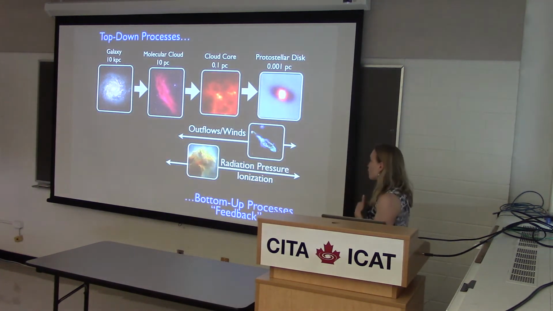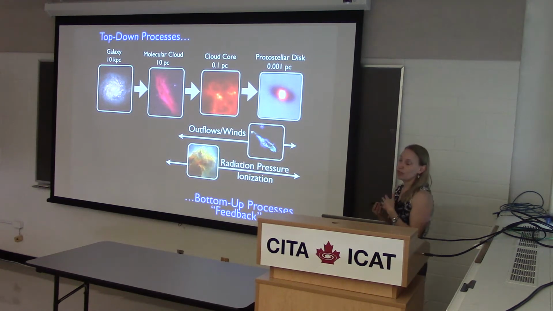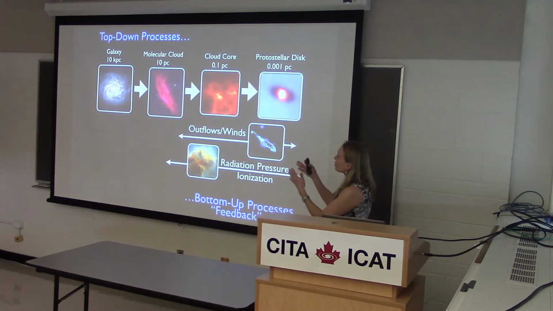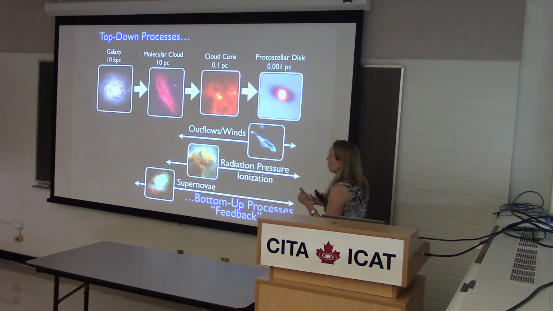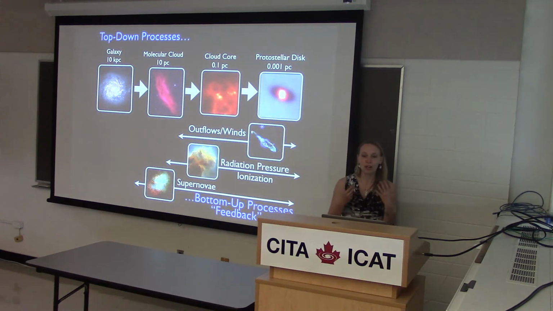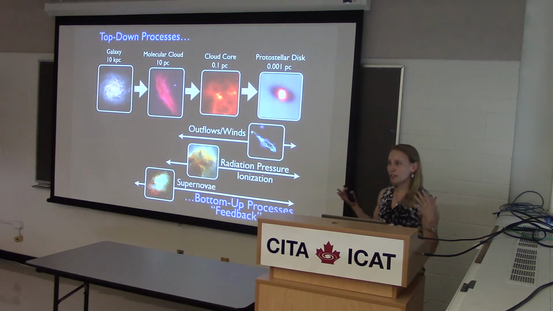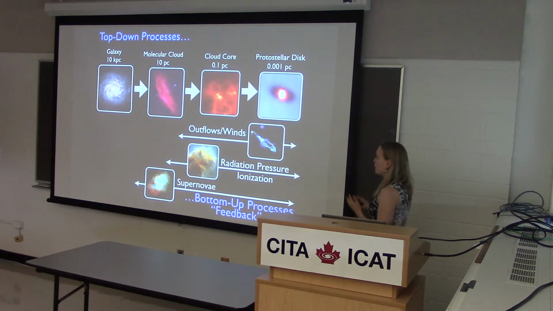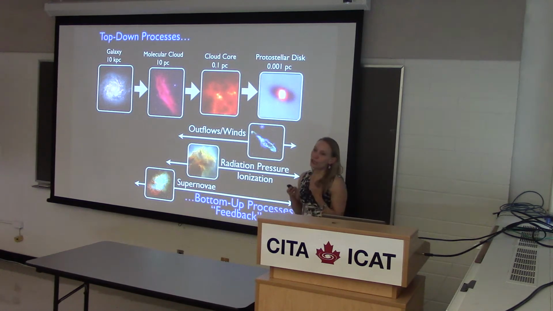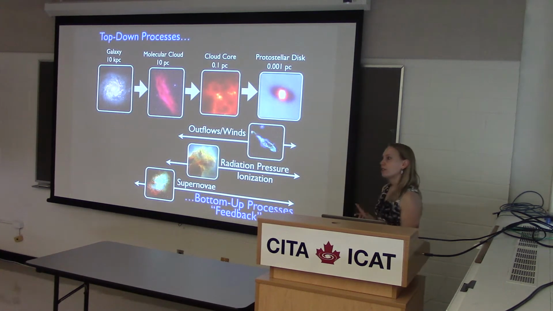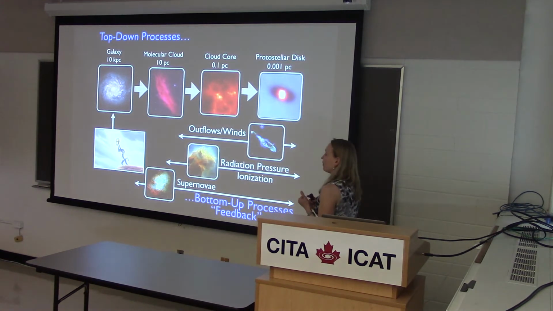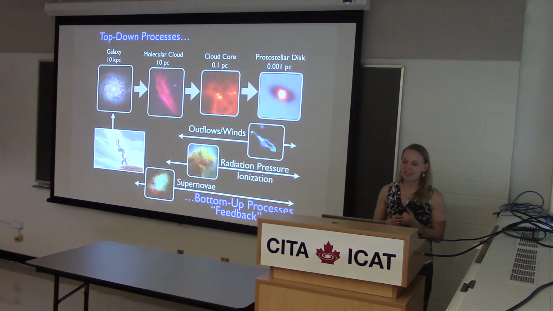We have radiation pressure and ionization, which help to disperse some of the molecular cloud. And then finally, we have supernovae, which shut off the star formation process locally and return the gas back out into the ISM. So our new and improved picture of star formation is one in which star formation is a cycle of life.